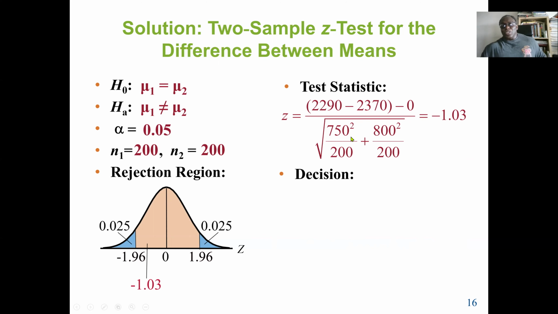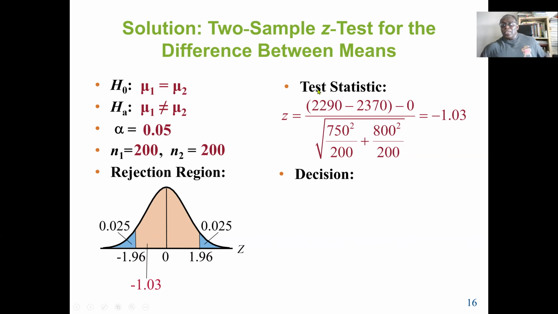Then remember we have the variance. The variance over N1, the sample size 1. The second variance over the sample size 2. But again, both of the samples are the same, so we use 200. Actually in the question, they give us the standard deviation, so that's why we square it to get the variance. So when we finish all this calculation, we get negative 1.03.